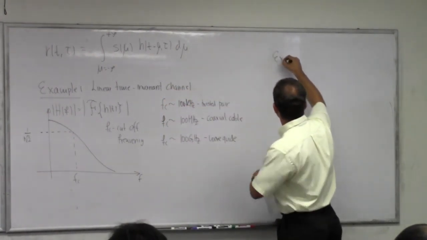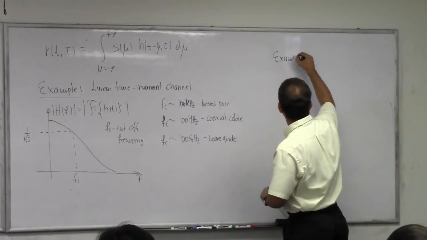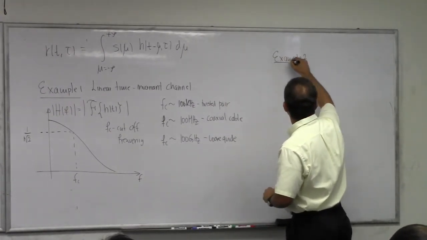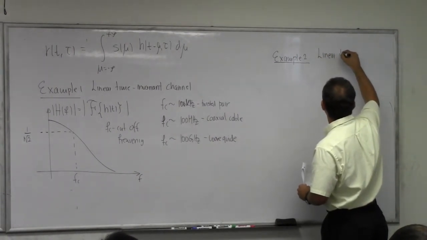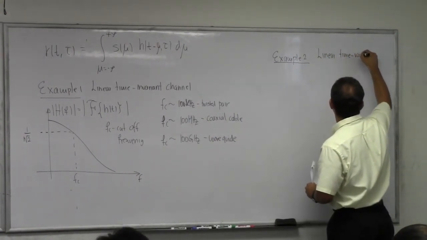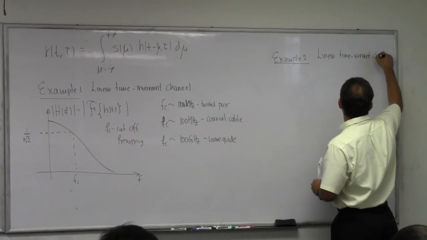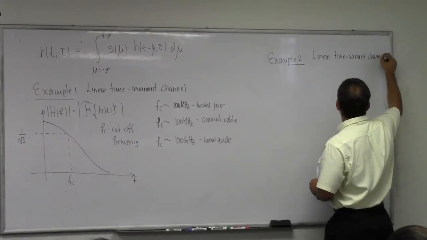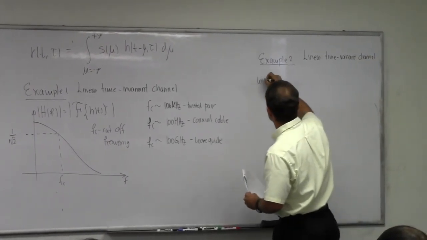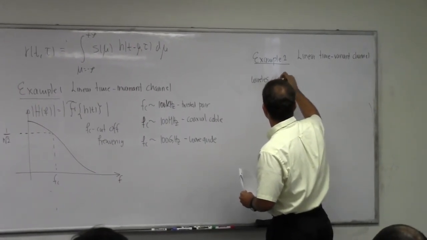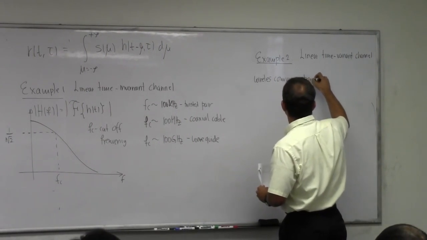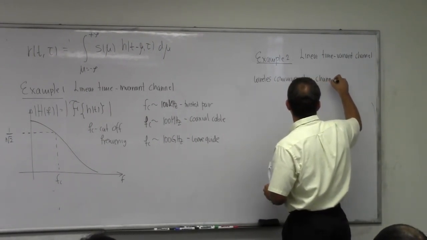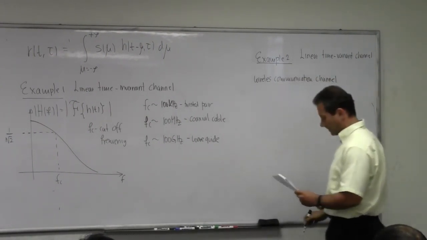Example 2. This is a linear time variant channel. An example of that is your wireless communication channel. Okay.